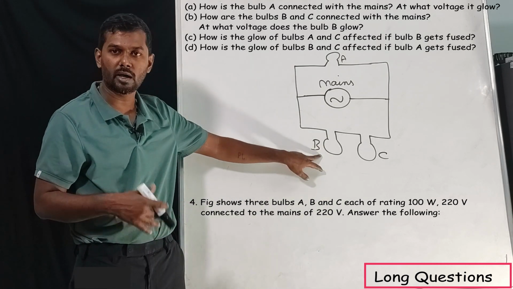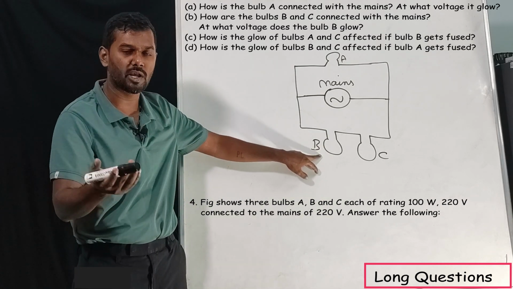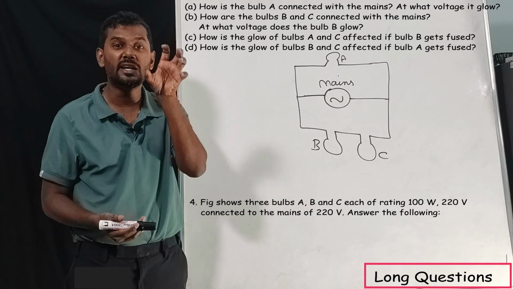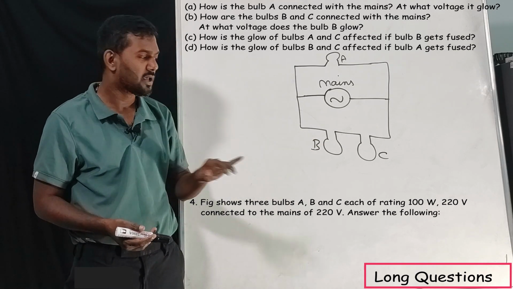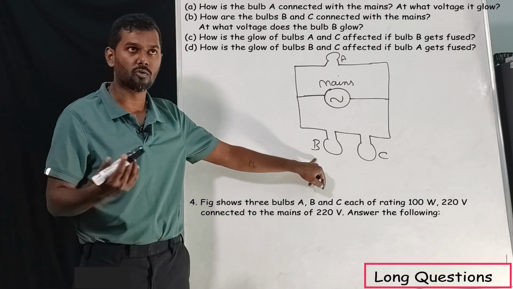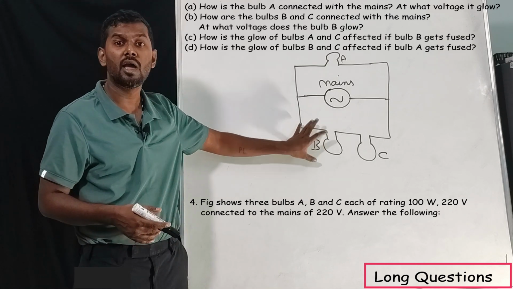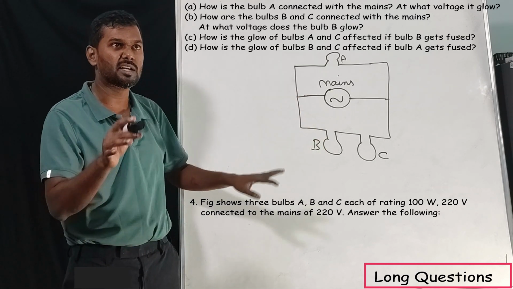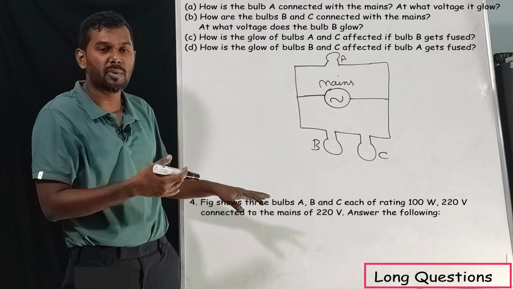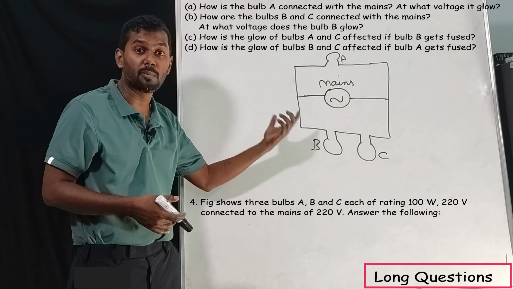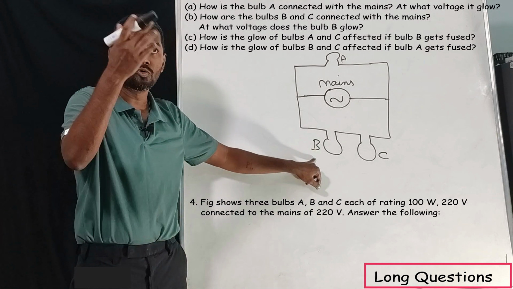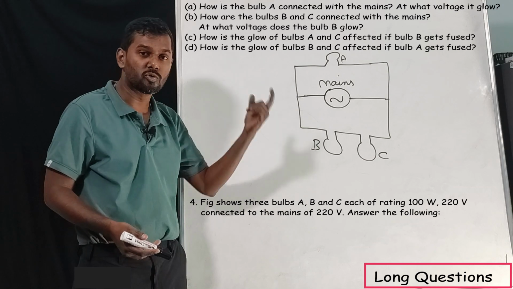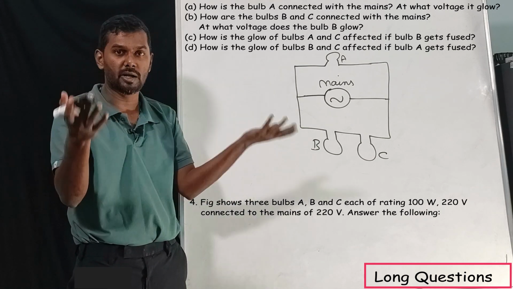If you give less voltage, the intensity of light will be less. If you give the proper voltage, 220 volts, it will glow at maximum intensity. 100 watt means the power of this bulb. 220 volt means it requires 220 volts to give the maximum intensity.